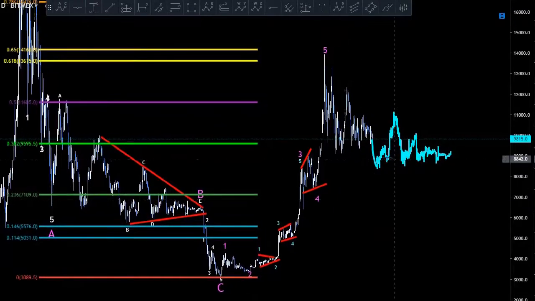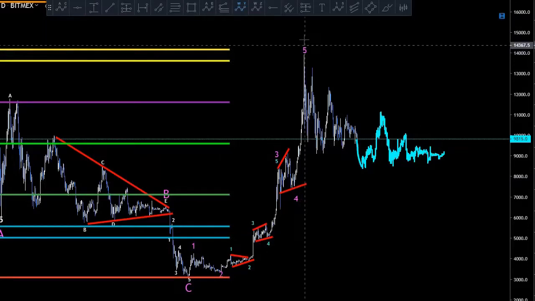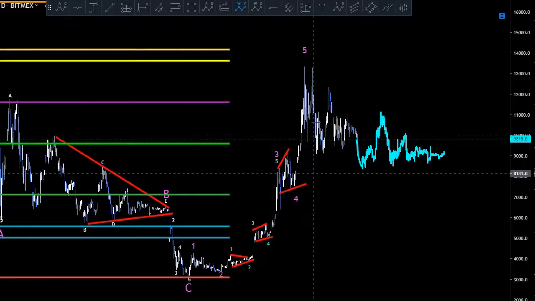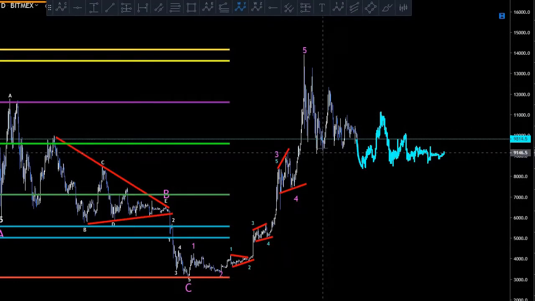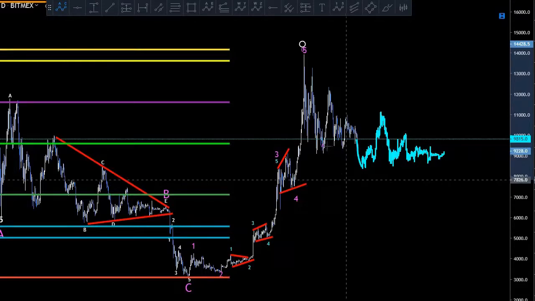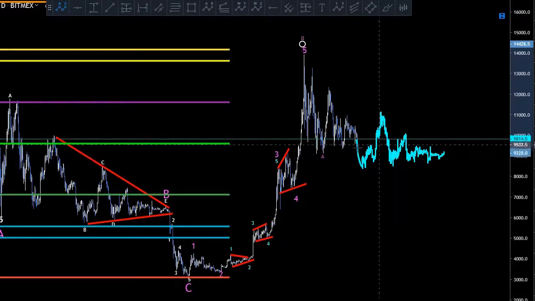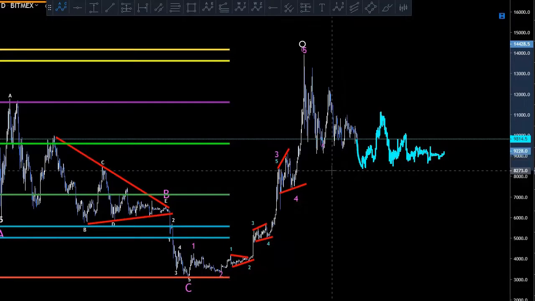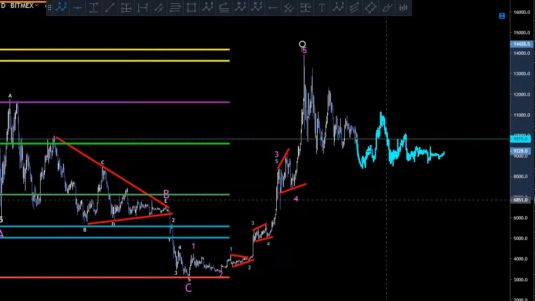And there's two ways to count this. The first way would be to count it as 1, 2, 3, 4, and then 5, double bottom 5, right? Hold on. We count it as an A wave. And then what I expect to happen here is either we get a running flat or a triangle.